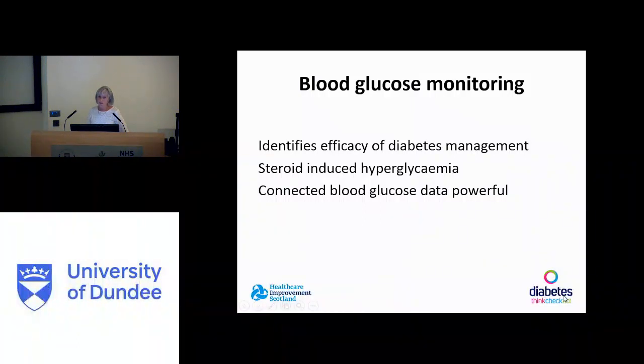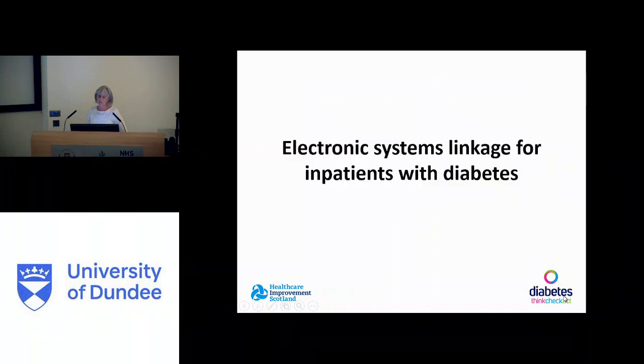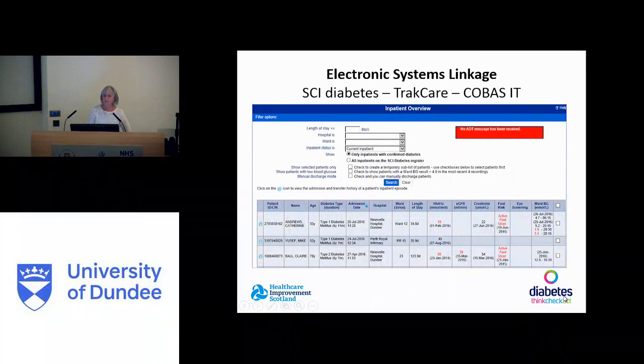And we have the connected blood glucose levels here, and the data from these are very powerful. We have electronic linkage for our blood glucose systems. They're linked to Sky Diabetes, Track Care, and the Roche connected blood glucose data. So when I come into work in the morning, I can put my computer on and see a table like this.